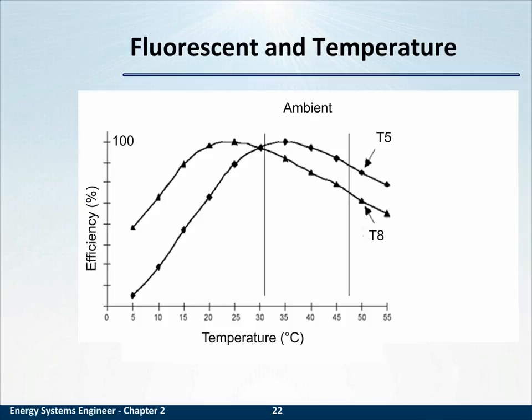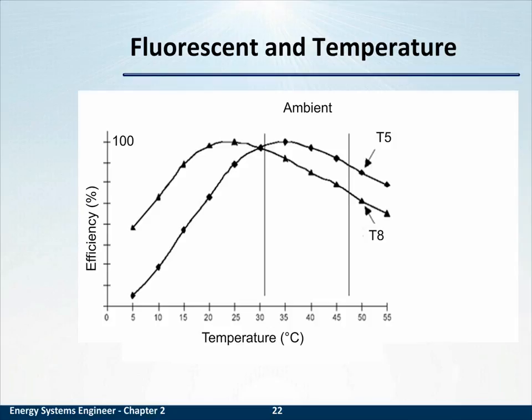Earlier, we presented T5, T5HO, and T8 as the most popular lamp and relamp opportunities being used today. And we said we would look later at some of the benefits that weren't on that sheet of lumens per watt and rated life. One of them is which one should be used given your operation or your customer's operation as it pertains to ambient temperature.